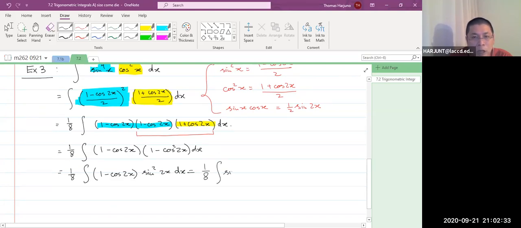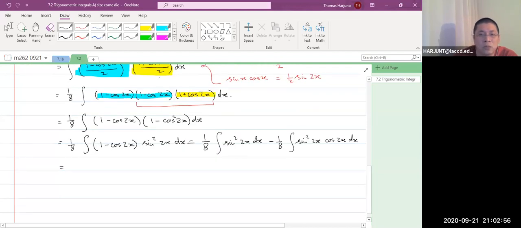Integral of sine squared 2x dx minus 1/8 integral of sine squared 2x cosine 2x dx. Now, for this one here, I cannot really integrate it right away. Then I do the double angle again. So 1/8 times 1/2 integral of 1 minus cosine 4x dx.